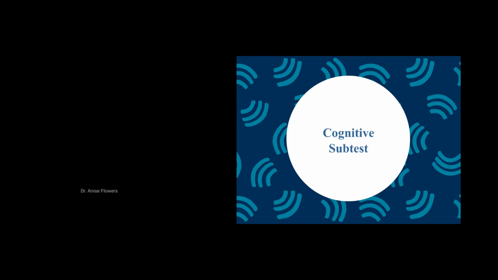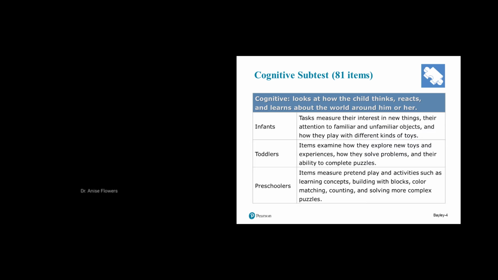Starting with the cognitive subtest, here we have a variety of items that look at how the child thinks, reacts, and learns about the world around him. So in our infants, it's items like, are they going to pay attention to familiar and unfamiliar objects? How do they play with different kinds of toys? For toddlers, we look at their exploration of new toys, solving problems and completing simple puzzles.